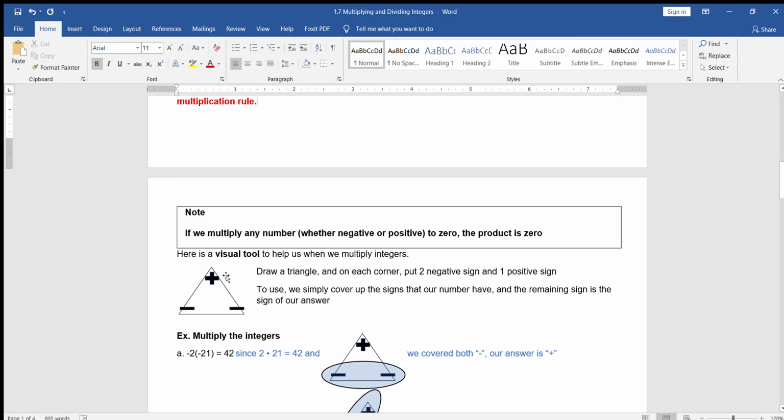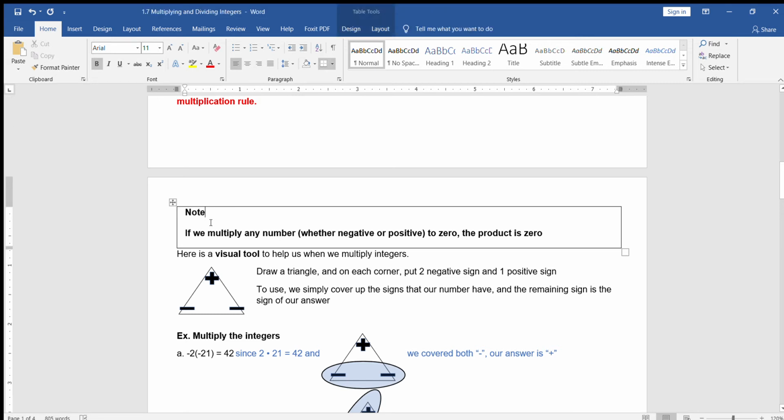To use this visual tool, we simply cover the signs that our numbers have, and the sign that remains is the sign for our answer. So what do I mean by that? Well, we'll get to that later. But here's something to note.